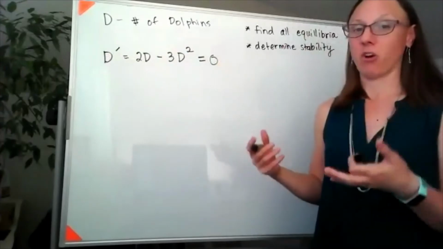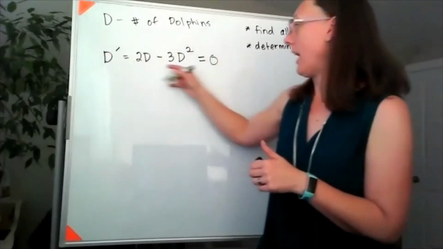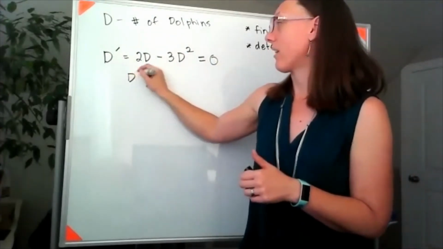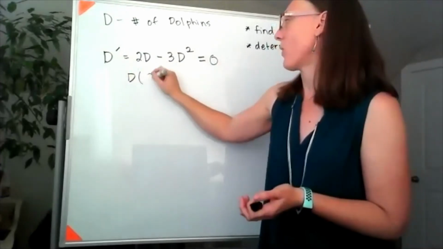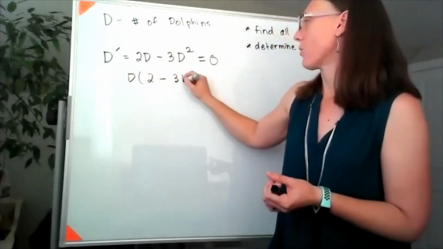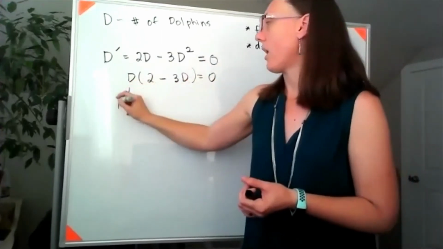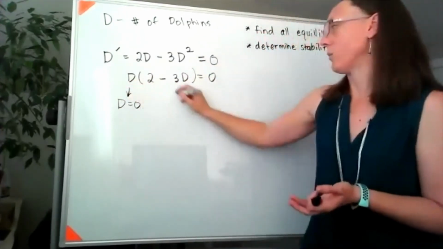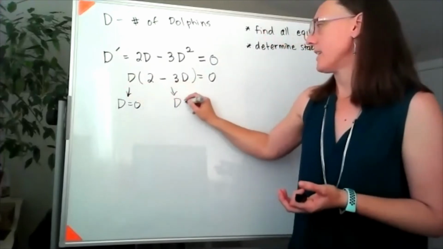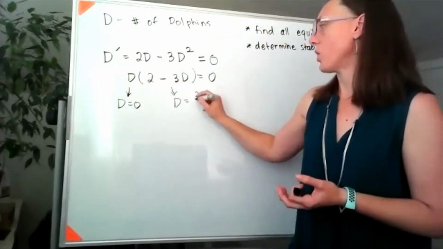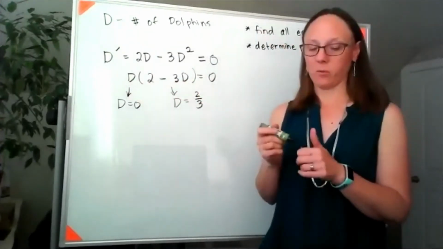My population of dolphins is not changing. I chose something where I could easily factor it. So I'm getting D times (2 minus 3D) equal to 0. So D equals 0 is one equilibrium, and D equal to 2/3 is our other equilibrium.